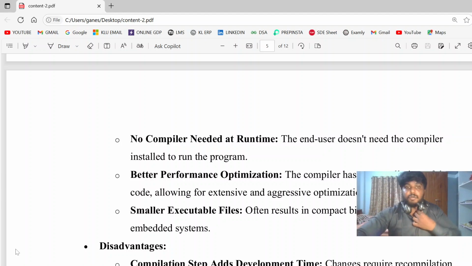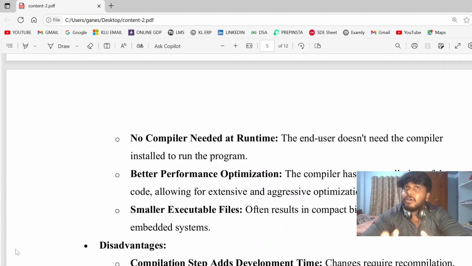The next point is smaller executable files, which often results in compact binaries, especially for embedded systems. C programming is generally used in hardware development. So if you are developing an IoT application, IoT application coding will be done in C language only.